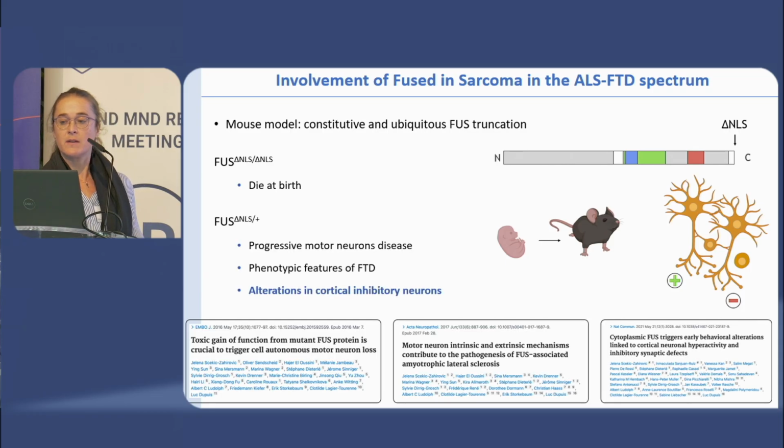So we then made the mutation in a heterozygous state to perform behavioral characterization. We observed that these mice suffer from a mildly progressive motor alteration, some features characteristic of FTD, but I'm not going to focus on that today, and also alteration in cortical inhibitory neurons.